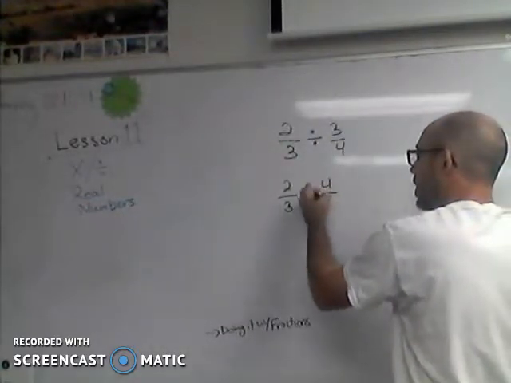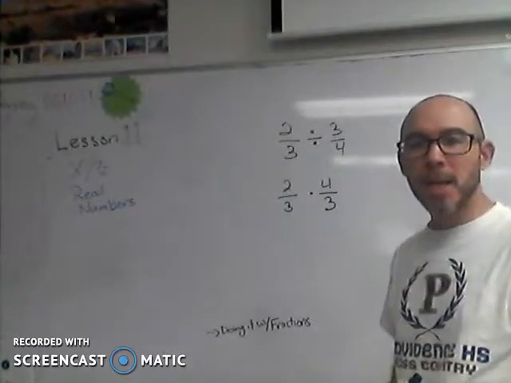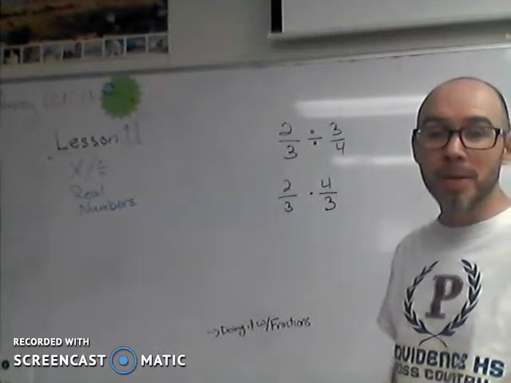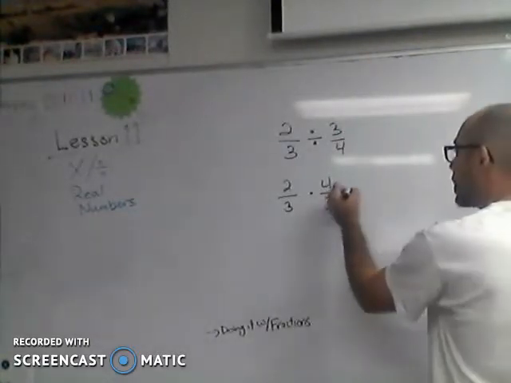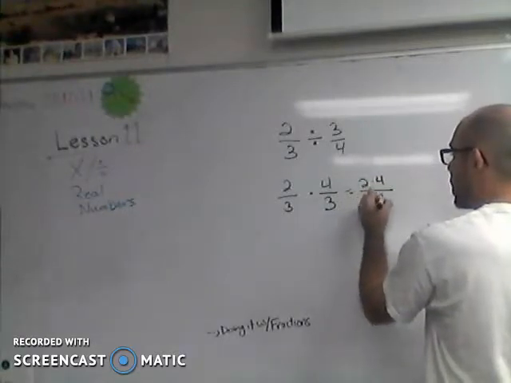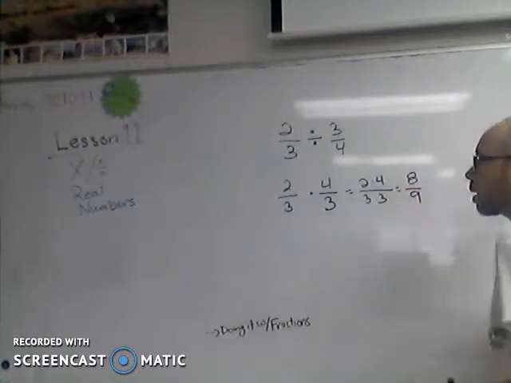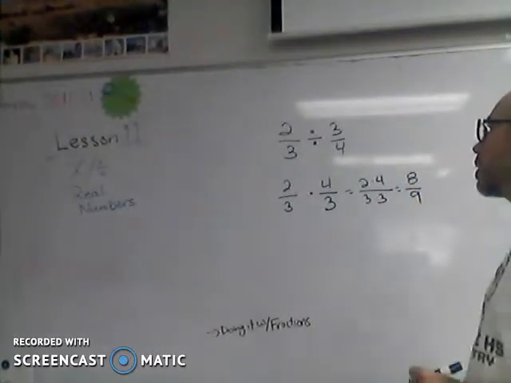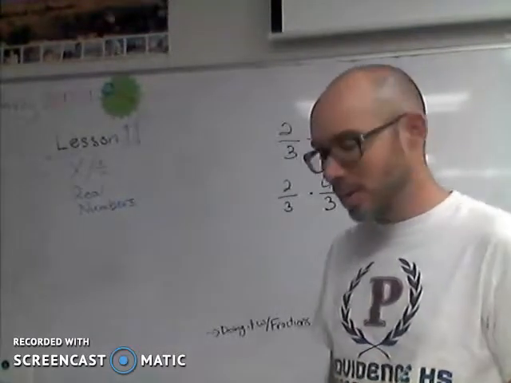So that's the same thing. And now we follow the rules for multiplying fractions, and we just multiply straight across. That's the same thing as 2 times 4 on the top and 3 times 3 on the bottom. 2/3 divided into 3/4 parts gives us 8/9.